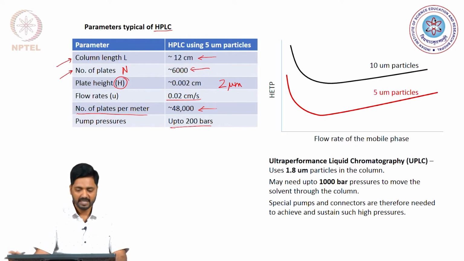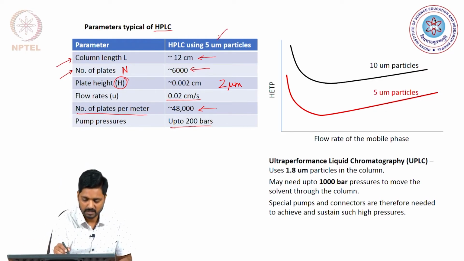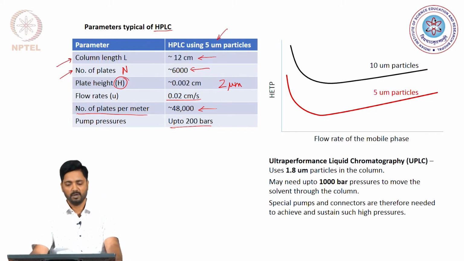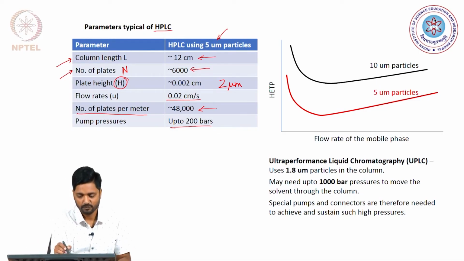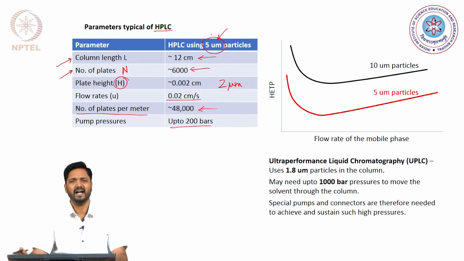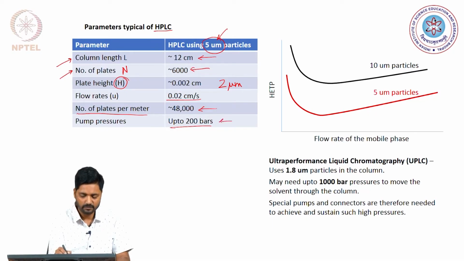Please note that these numbers I am talking about are related to the HPLC column that is using 5 micron particles, and this is a typical size of the particle that is often used in high performance liquid chromatography, because it allows us to use pumps which do not have to generate very high pressures.